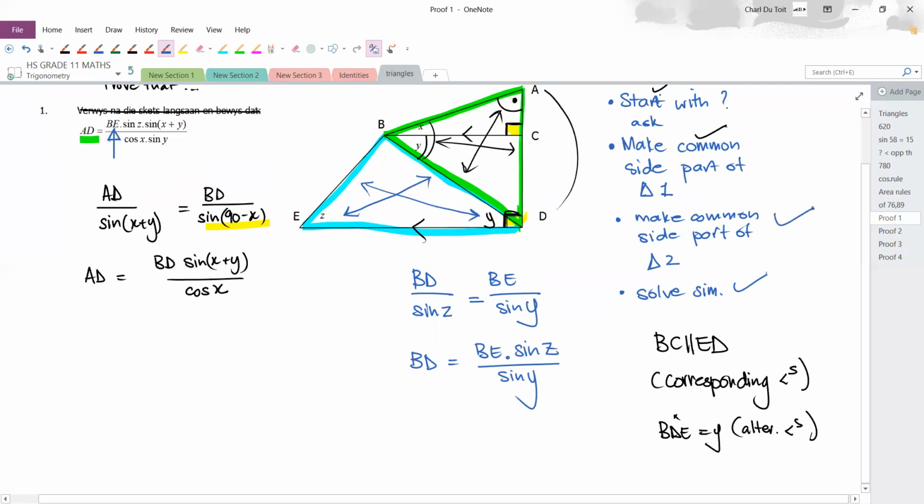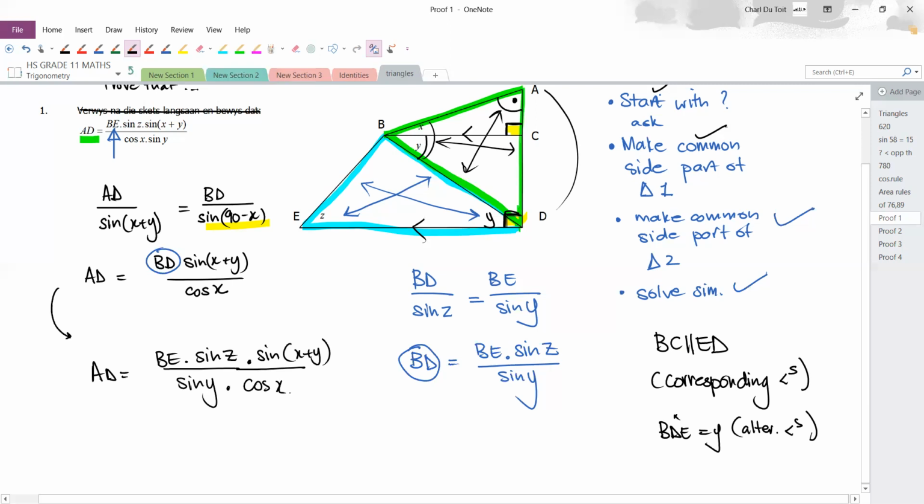Now I'm at the last step. I'm going to solve them simultaneously. So instead of BD, AD is then BE times sin Z over sin Y, and then on top there's another sin(x + y), and at the bottom another cos x. Could you see what I've done?